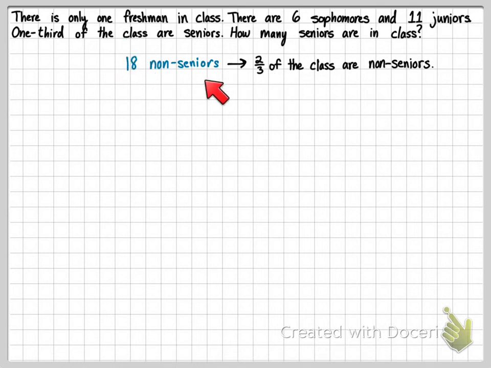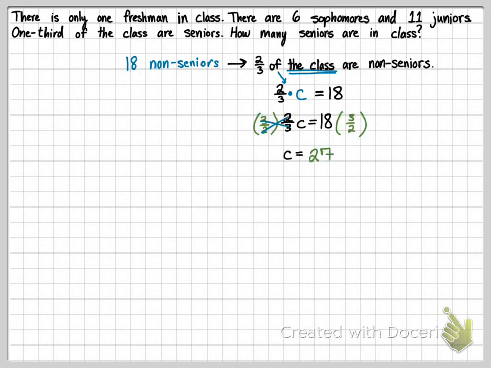So we're going to put this information together to write out an equation. If 2/3 of the class, I just decided to make this C for class, so 2/3 of the class equals 18 non-seniors, right? Let's solve. So 2/3 C equals 18. Now, when we have a fraction next to a variable, we multiply by the reciprocal and we cancel.